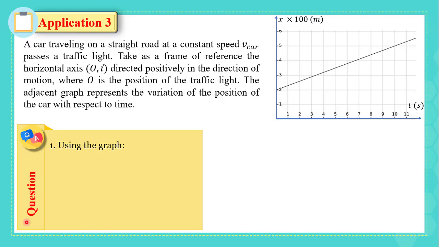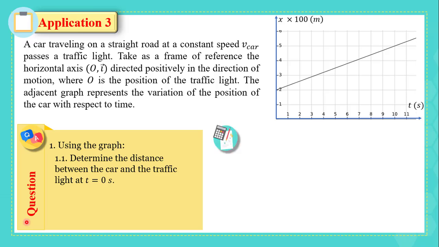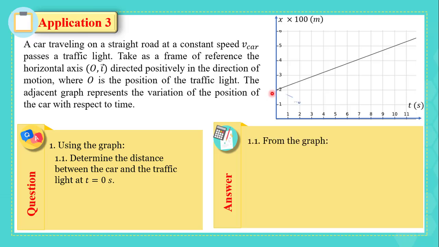In the first part, you are asked to refer to the graph to determine the distance between the car and the traffic light at t equal to 0 second. From the graph, at t equal to 0 second, x0 is equal to 2 multiplied by 100, as you can see on the y-axis, which is equal to 200 meter.